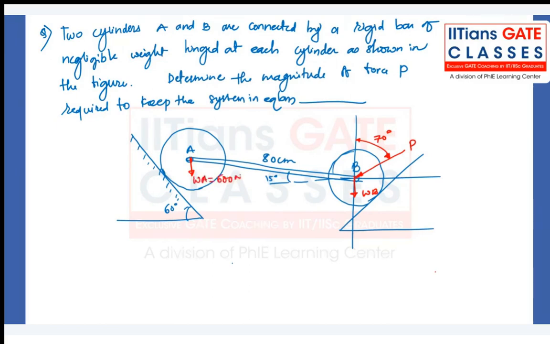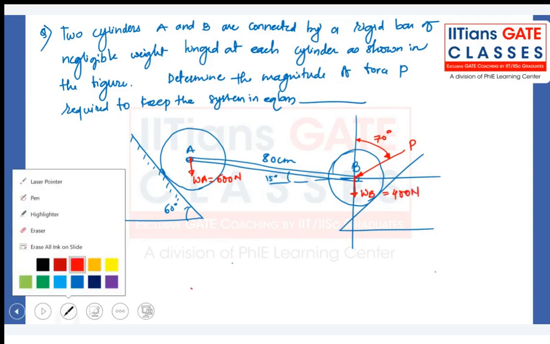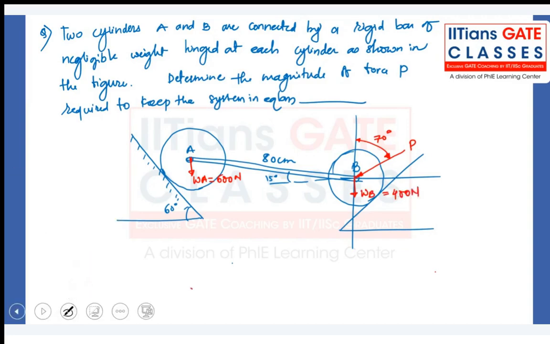WB is 400 Newton. Angle is 15 degrees. Shrujana, this angle is 15 degrees maybe, and this is 70 degrees here. Okay, here this angle is 45. That is why the difference of 15 is coming.